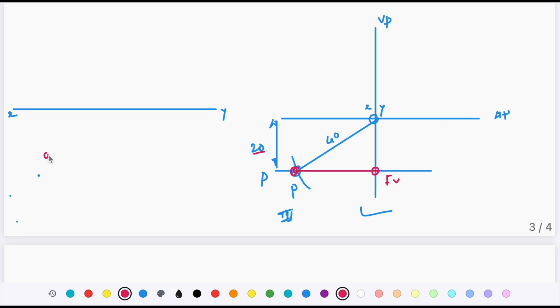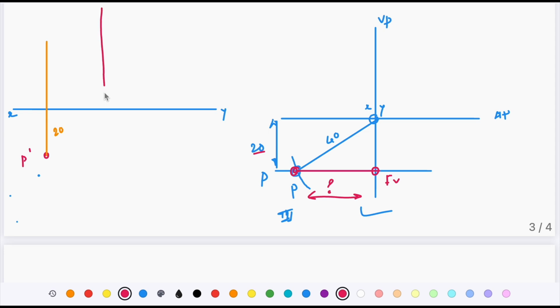So let's say this is P dash, at a distance of 20 mm. Okay, now to locate its top view, its position with respect to VP should be there, but that is not given, so we cannot locate its top view for time being.